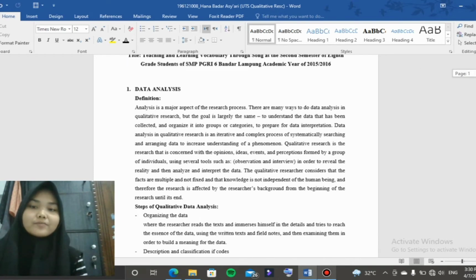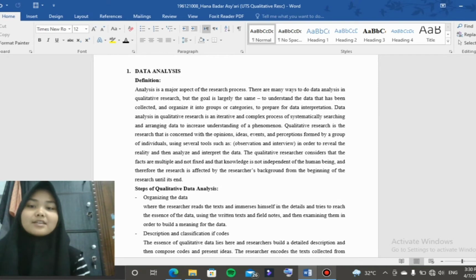The first one is data analysis. In the definition, analysis is a major aspect of the research process. There are many ways to do data analysis in qualitative research, but the goal is largely the same: to understand the data that has been collected and organized into groups or categories to prepare for the data interpretation.